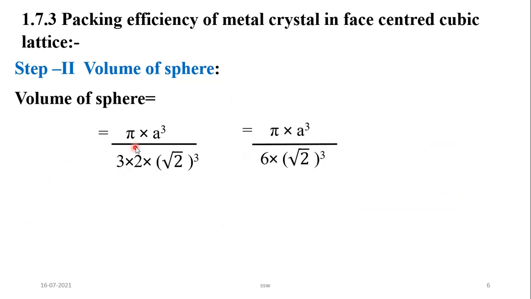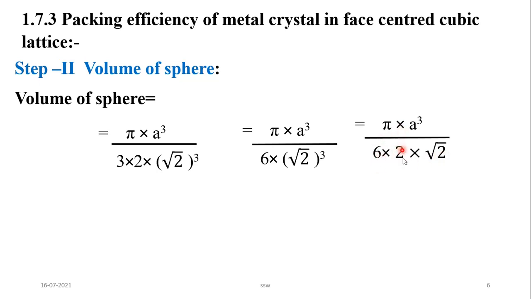So the volume of the sphere is equal to pi into a cube divided by 3 into 2 into the cube of root 2. That means pi into a cube divided by 3 into 2, which is 6, into the cube of root 2. Therefore, it is equal to how much? Pi into a cube divided by 6 into the cube of root 2, which is 2 root 2.